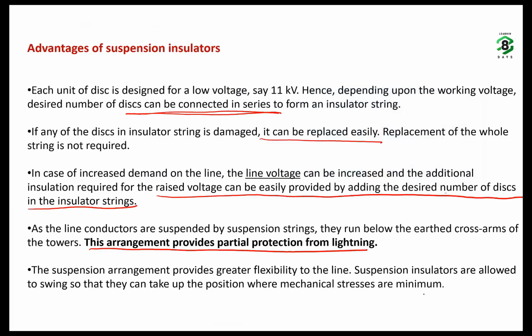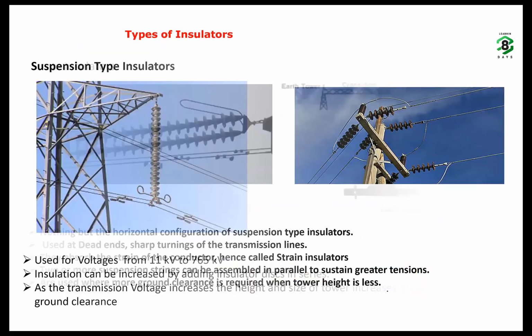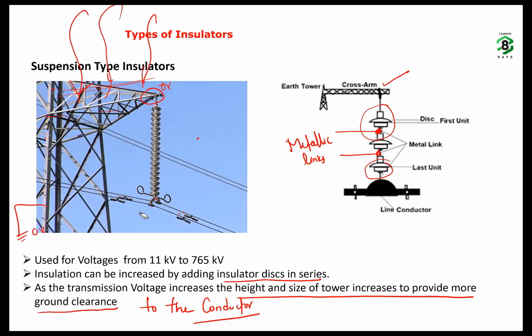The suspension arrangement provides greater flexibility to the line. Suspension insulators are allowed to swing so that they can take up the position where mechanical stresses are minimum. So in the suspension type insulator, even when heavy winds hit them, they are flexible, so they will have a slight swing.